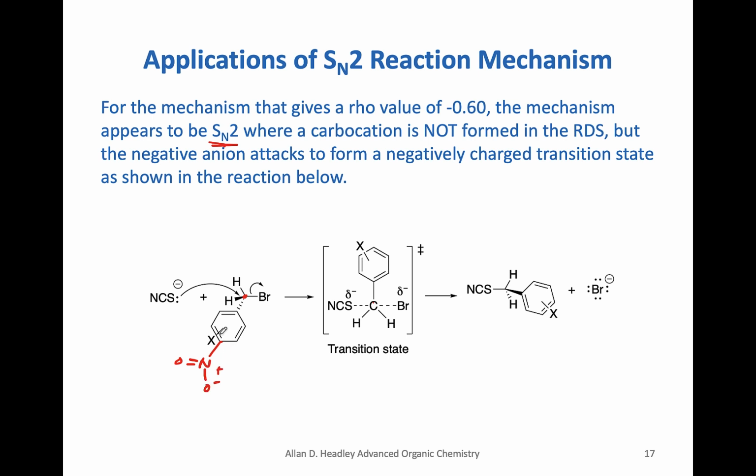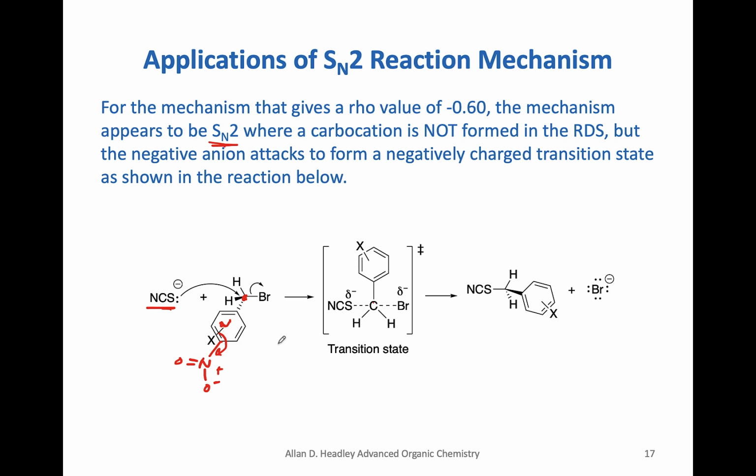You can see that it is pulling electrons away from this carbon here, making this even more electrophilic, so making this reaction a better reaction for this to occur, because it's reacting with a more positive, electrophilic carbon, compared to if it were a methoxy group.